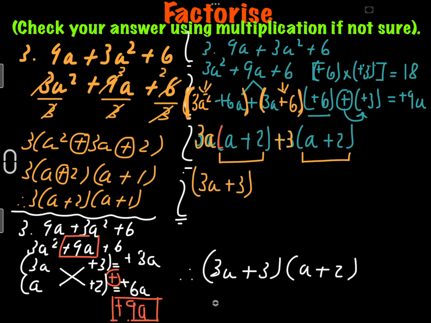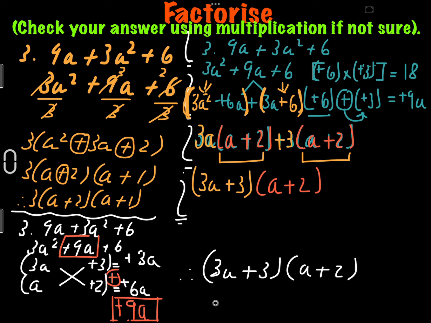And also we have a plus 2. Remember, these are two identities there, multiplied by a plus 2. Now, it appears that we are not done. It looks like we need to look at the second example because we need to factorize that fully.